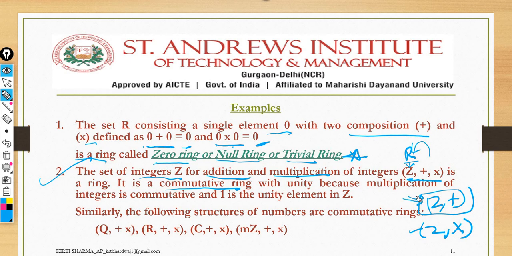It also satisfies the distributive law of multiplication over addition. Why? Because multiplication is a very simple operation, satisfying associativity, commutativity, and distributivity. You can cross-check this also.